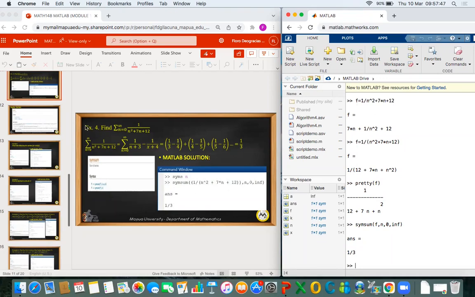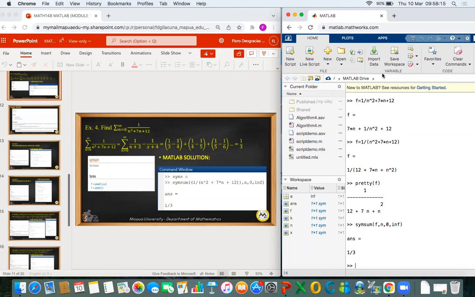So just like what we have here, class, I provided a solution, then the MATLAB solution. This is what I will expect in your exam. Very important note, class, you should have manual solutions. If you don't want to have a MATLAB solution, it's okay. It's your option. Now, if you have used a MATLAB solution, you need to provide it to me also, and of course, it should bear your name here.